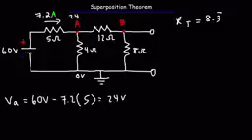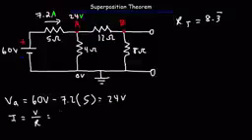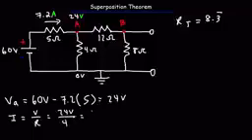So that is the potential at point A. Now we can also calculate the current flowing through the 4 ohm resistor. So that current is going to be the voltage across the 4 ohm resistor divided by the resistance. The voltage across it is 24 volts divided by 4 ohms. And so that gives us a current of 6 amps flowing in that direction.